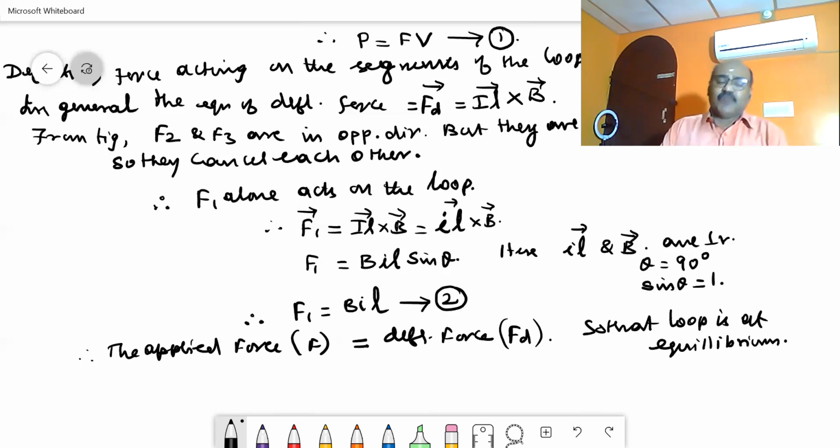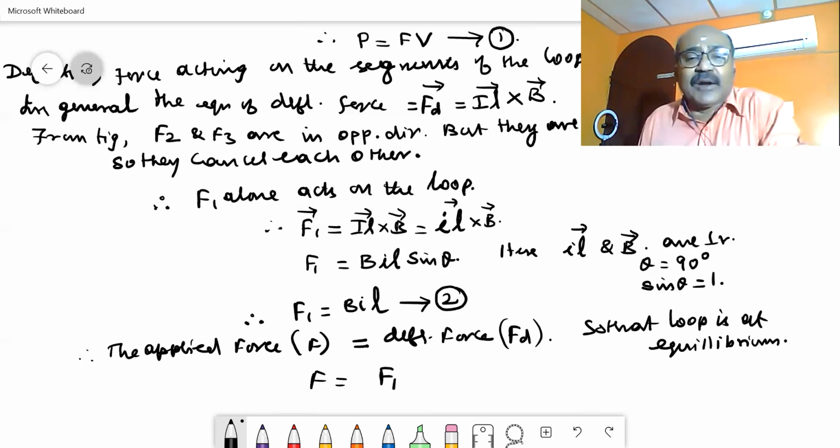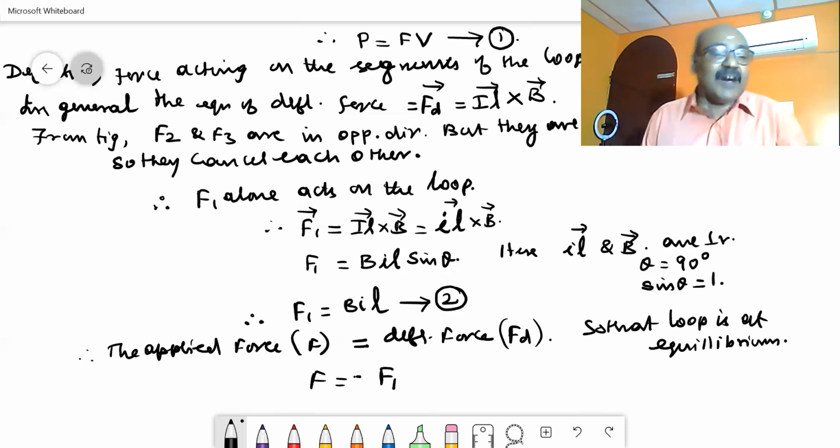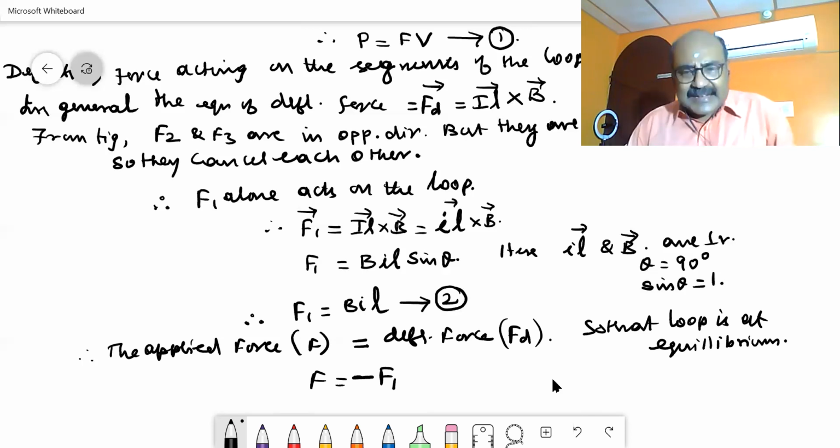So what is the applied force and what is the deflecting force? We can say F is equal to the deflecting force F1, but acting in the opposite direction. So I am writing F is equal to minus F1. Let us consider just the magnitude alone.